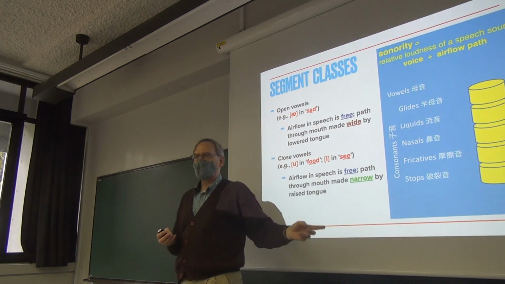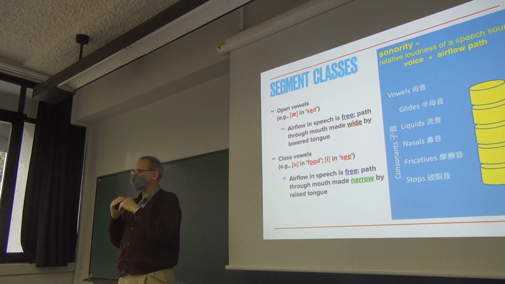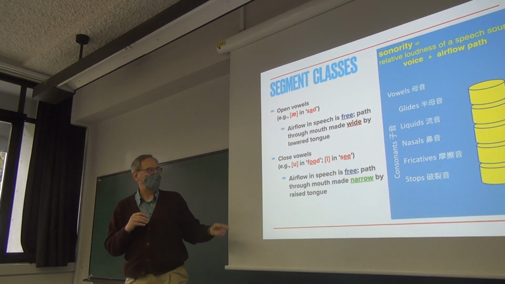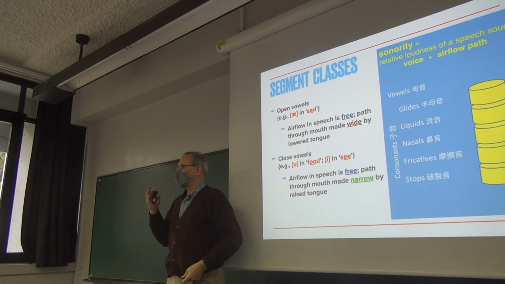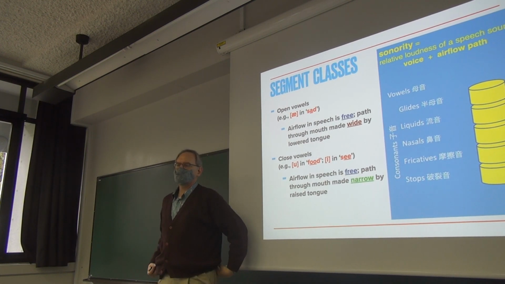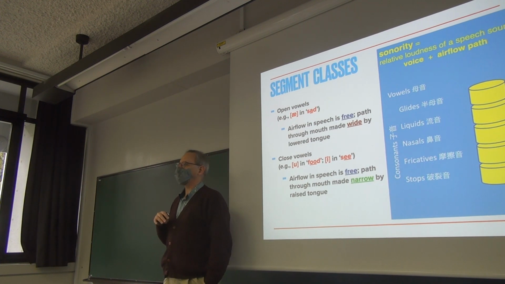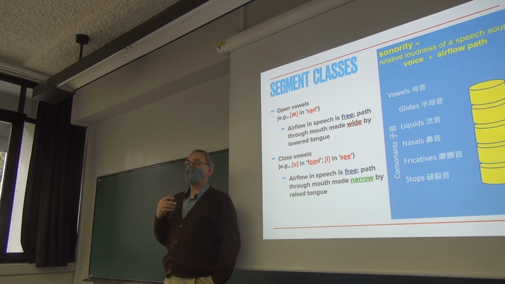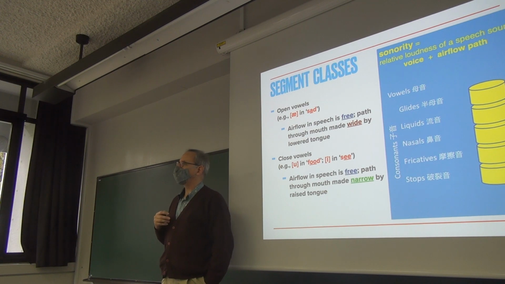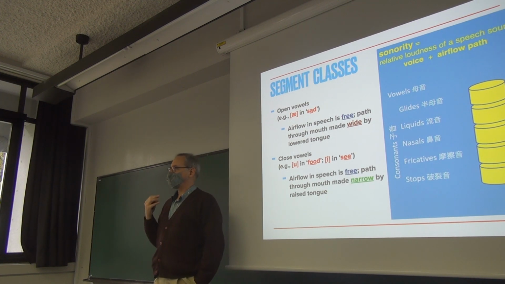Glides and close vowels have less sonority than open vowels. And there's really little or no difference in sonority between the close vowels e and oo and the glides y and w. Y, the y at the beginning of yesterday.